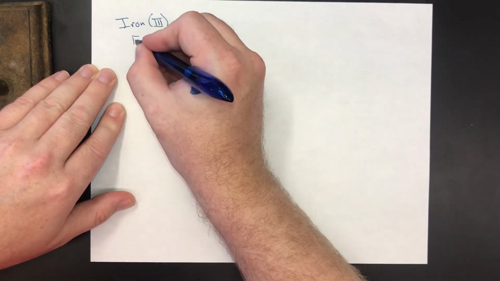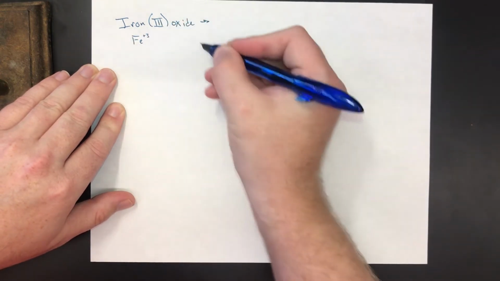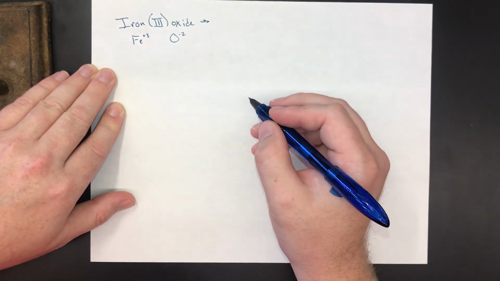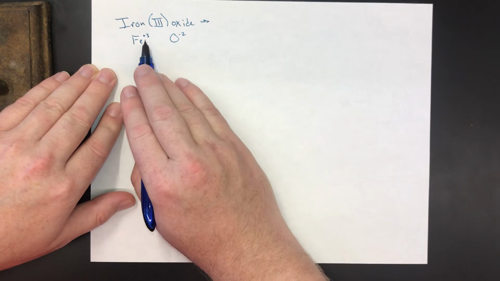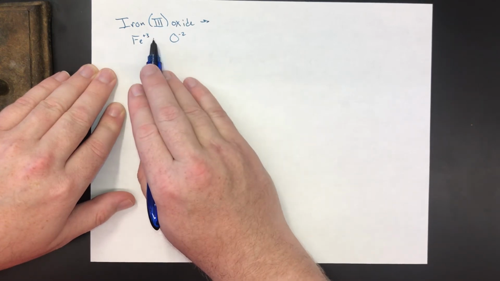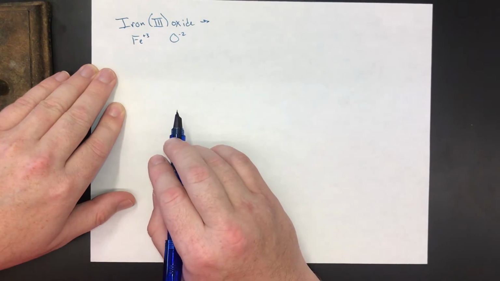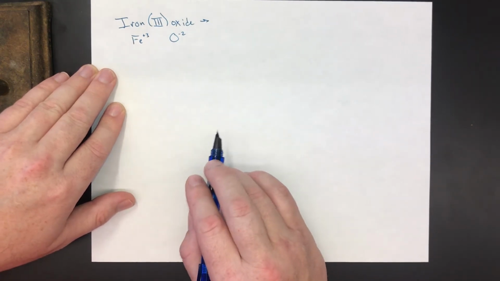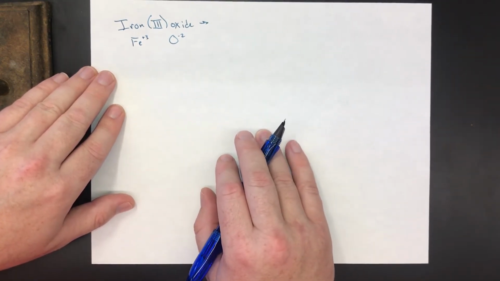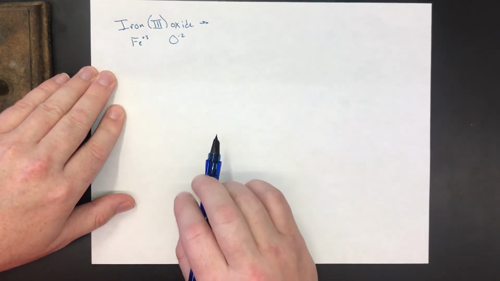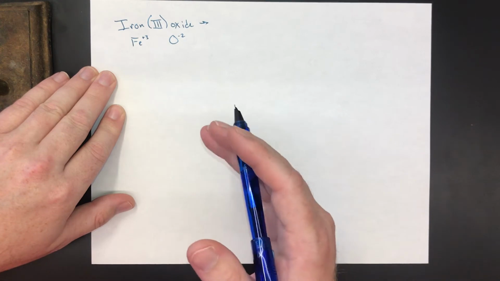So we would say that iron has a 3 positive charge, oxygen has a -2 charge. Now when I look at these, I need to think, well, what's the lowest ratio of both of these that would get them to balance out? And what we're really looking at is something called the lowest common denominator. What's the lowest number that 3 and 2 are both a factor of? And that would be 6.